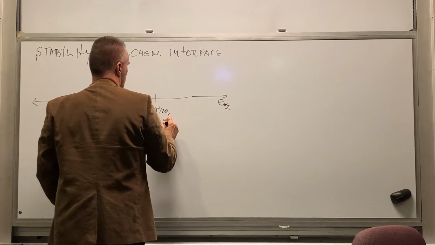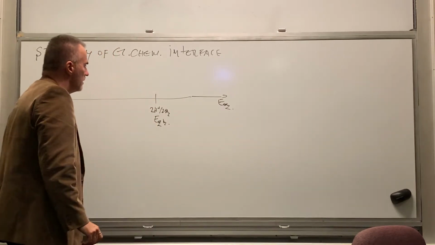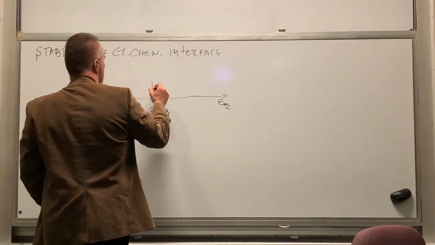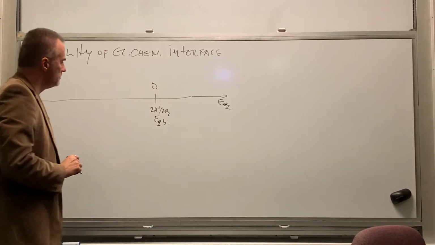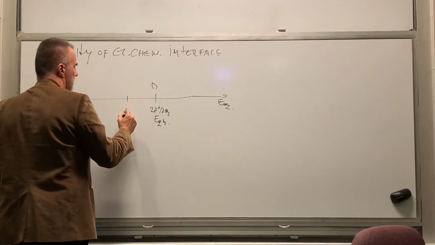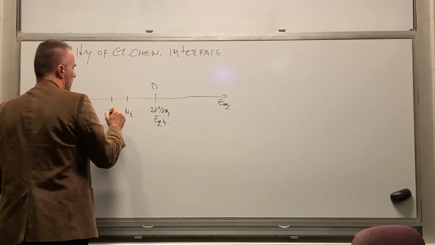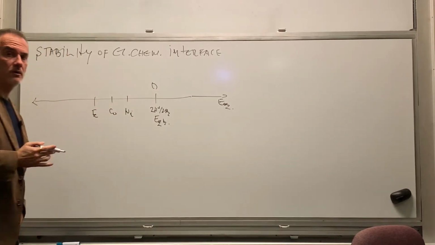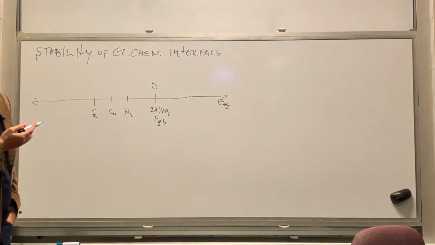So this is equilibrium for hydrogen. With respect to the standard conditions, etc., it's 0. But then you look at nickel, you look at cobalt, and you look at iron. They are all on the left side of hydrogen.